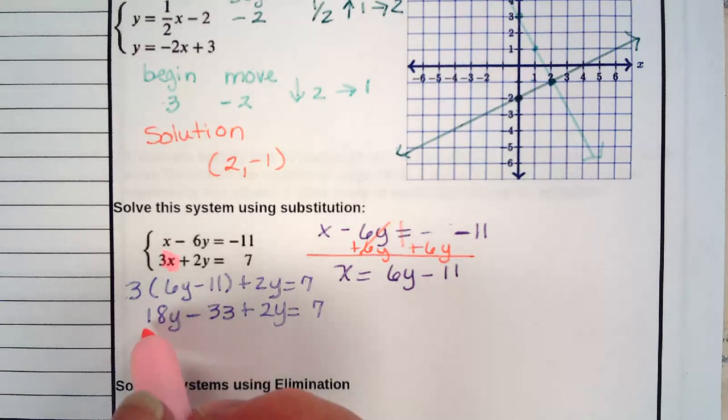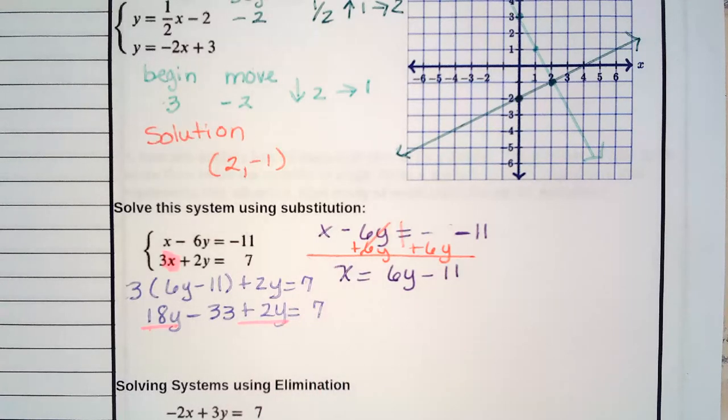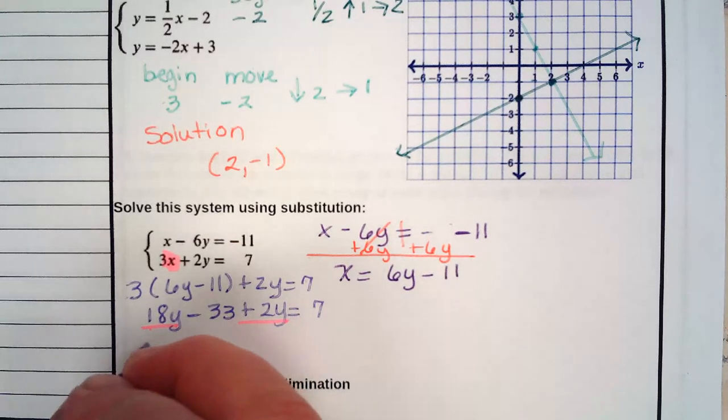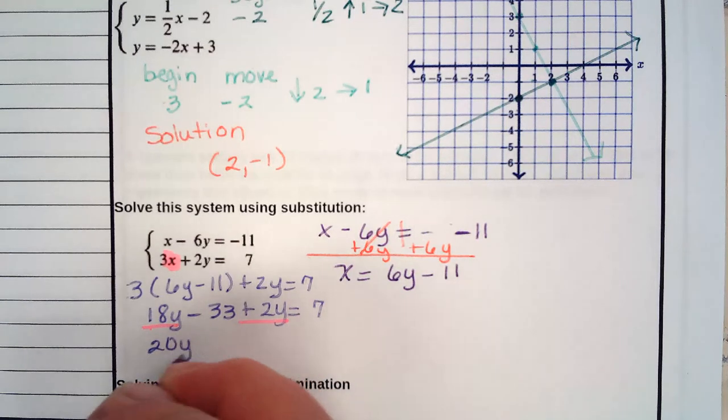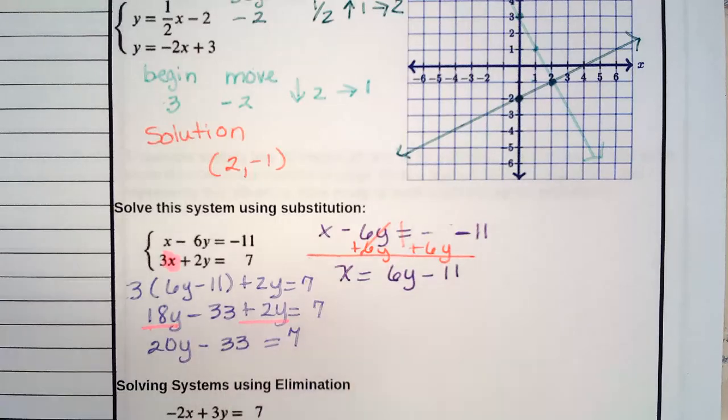Combine your like terms. 18y plus 2y. 18y plus 2y is 20y, minus 33 is equal to 7.